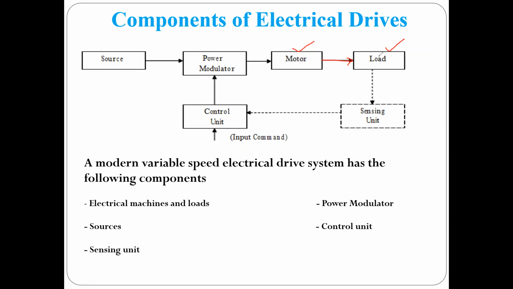This load is operated with the help of the motor. So if we control the speed of this motor, then only the speed of the load can be controlled, because this load and the electrical motor are mechanically coupled.